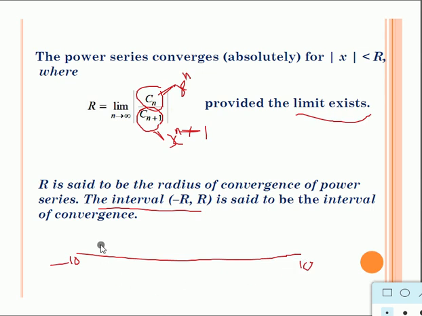Even sometimes it is infinity also, so it is minus infinity to plus infinity. The same thing in complex analysis, we used the term disk of convergence. It is something like a space occupied there, and R is called the radius of convergence. But in real analysis, there is no such thing, it is only a straight line, the radius of convergence.